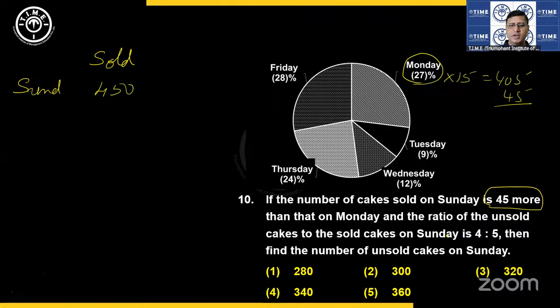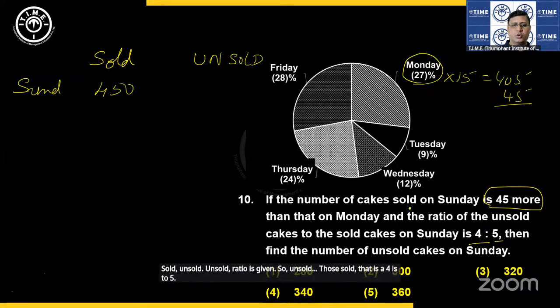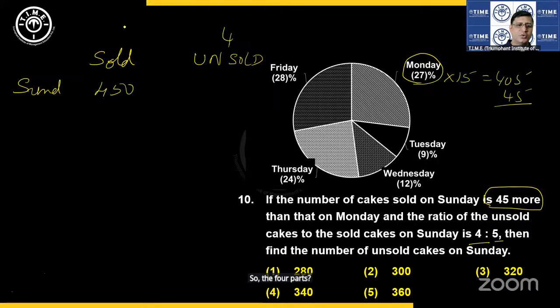And the ratio of the unsold cakes to sold cakes on Sunday is 4:5. Sold, unsold. The ratio is given. So unsold to sold is 4:5. So unsold 4 parts and sold 5 parts. Okay.